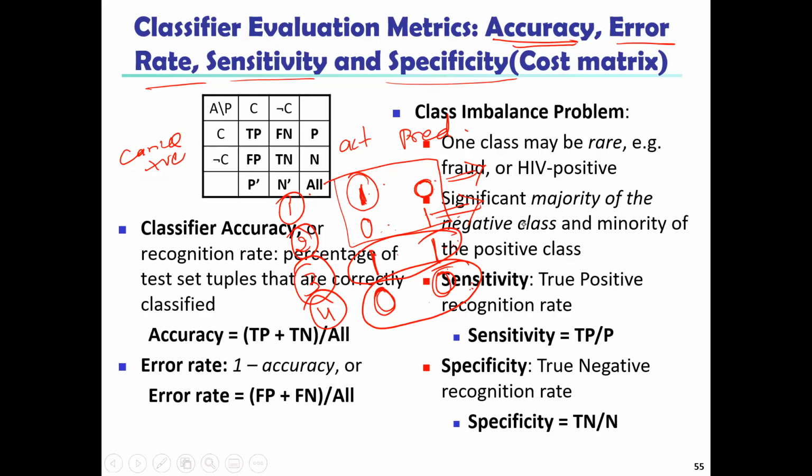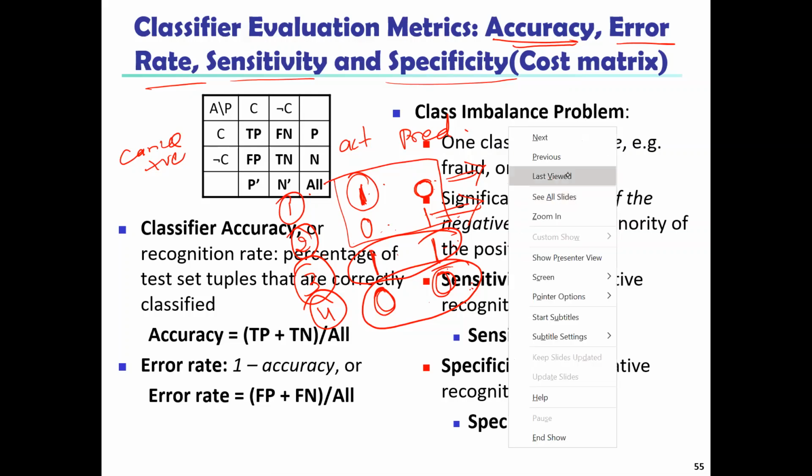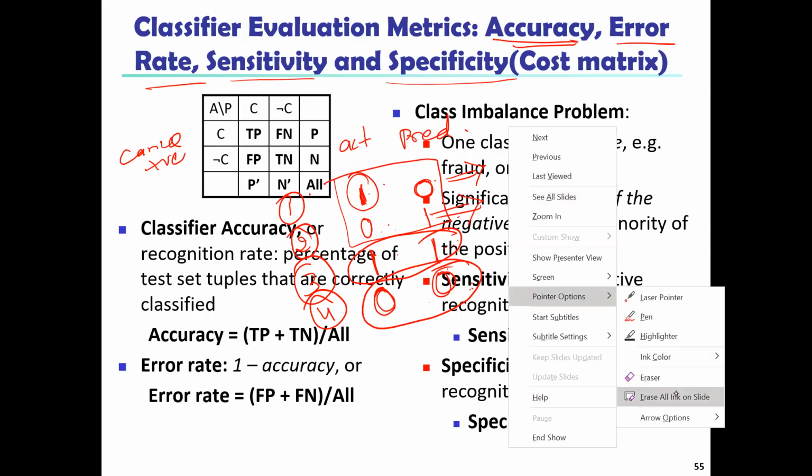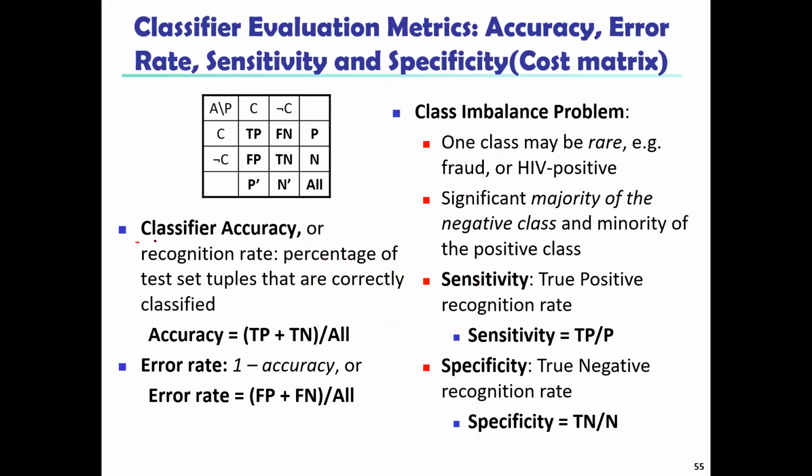So how to find out the accuracy? Here we are taking the same confusion matrix for yes and no actual classes, and yes and no predicted classes. Here P is the total of true positive and false negative.